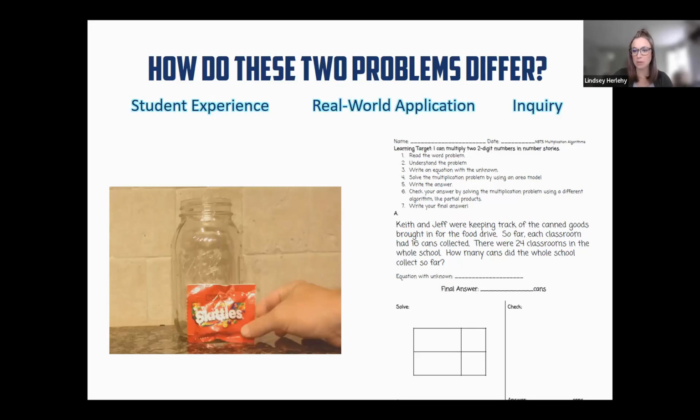And when we think about the real world part of that, that actually also makes sense, that perhaps real world isn't about what students actually see in the real world, but it is what they are doing that makes real world math applicable to them.